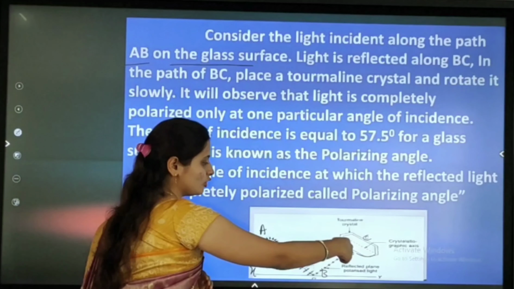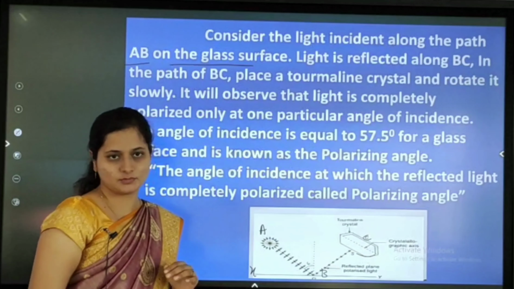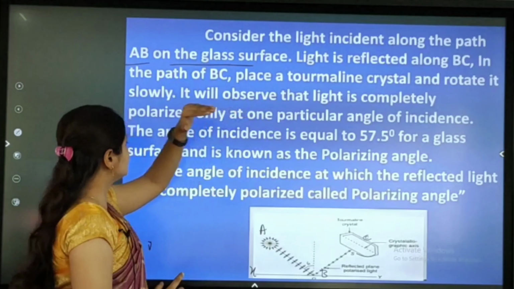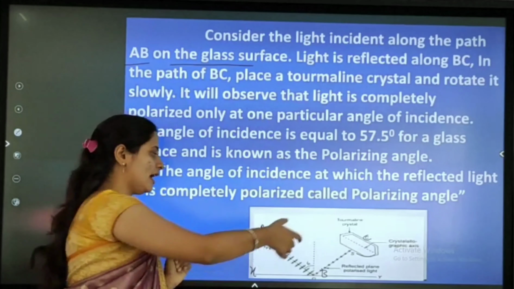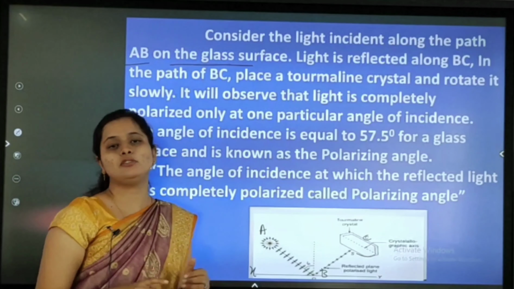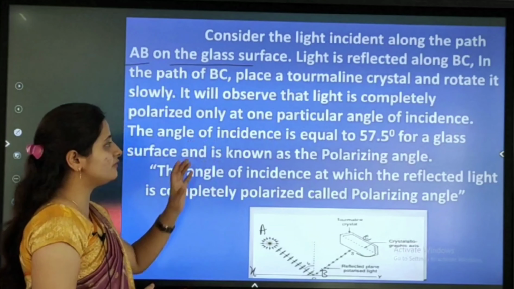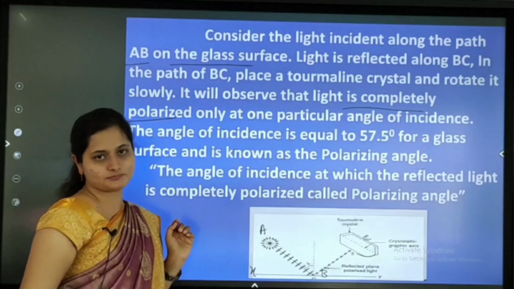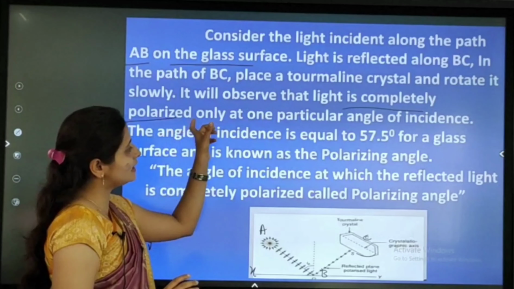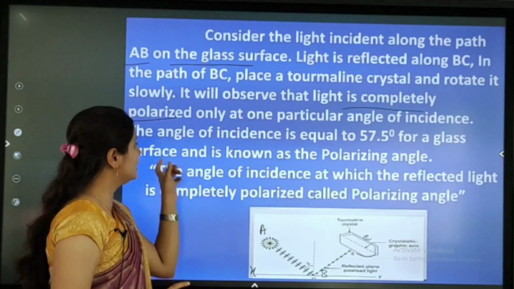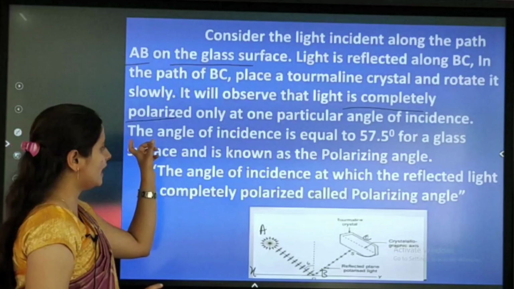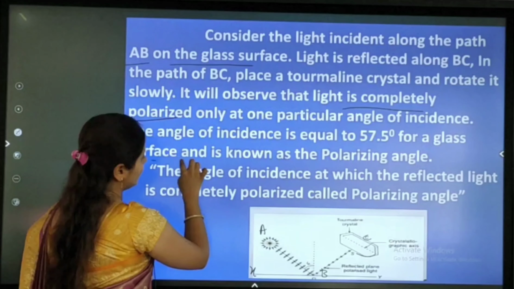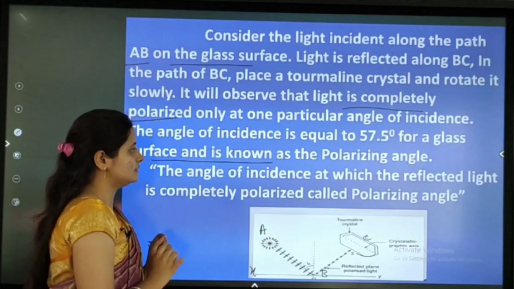It will be observed that light is completely polarized, but only at one particular angle of incidence. The angle of incidence, in degrees, for a glass surface is known as the polarizing angle.